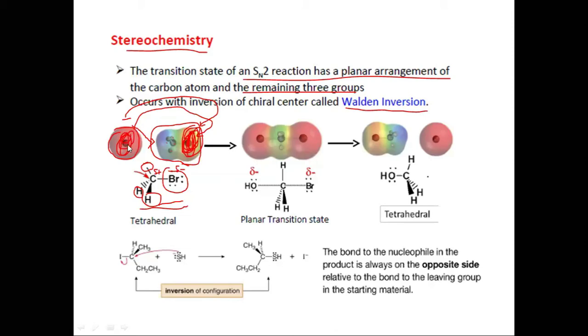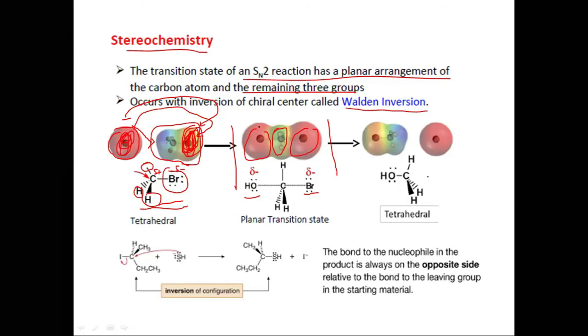During the approach of the nucleophile from the backside, you need to attain a transition state. In the transition state, the electron density is slightly less over the carbon, and more over the nucleophile and the Br. That's why a partial negative charge occurs over the nucleophile and over the bromine atom.